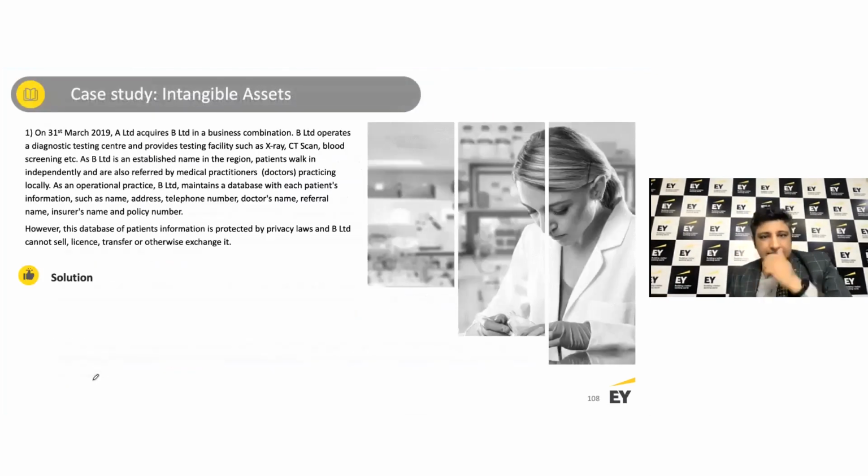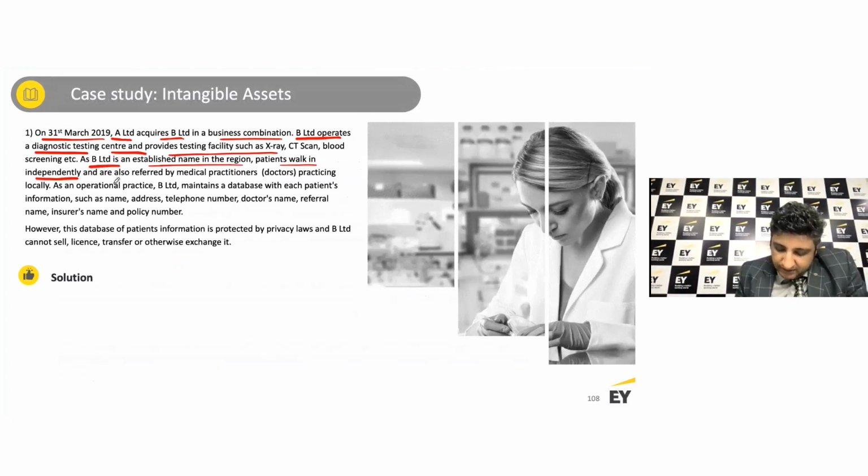Okay, let's have a look at this scenario. It says that on 31st of March 19, A acquired B in a business combination. B Limited operates a diagnostic testing center and provides testing facilities such as X-ray, CT scan, blood screening, etc. As B Limited is an established name in the region, patients walk in independently and are also referred by medical practitioners.